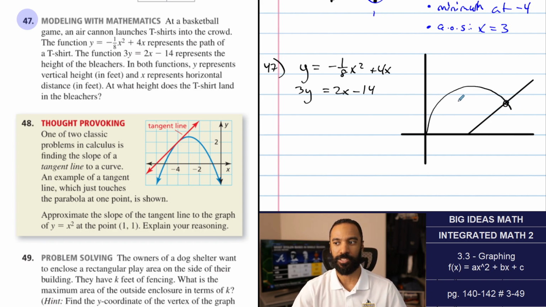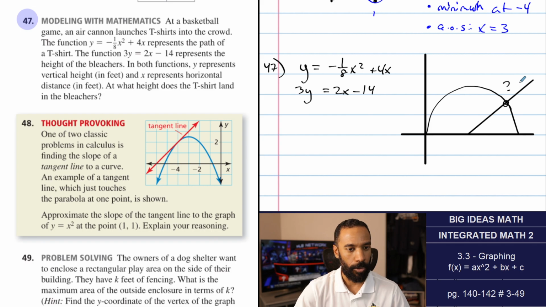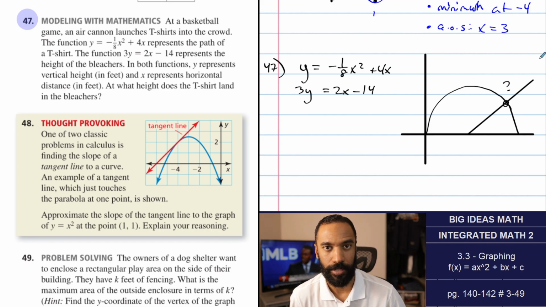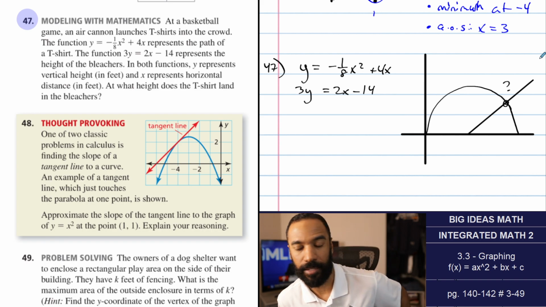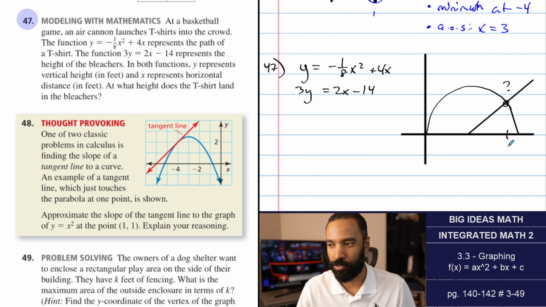When does it hit the stands? We're trying to figure out when this parabola hits this line. That's the kind of thing we're looking for. At what height does it land in the bleachers? It's not a vertex question, unless it hits at the maximum height. But that's not an assumption. Anyway, what we want to do is find the x value where they intersect first, and then substitute that x to find the y.